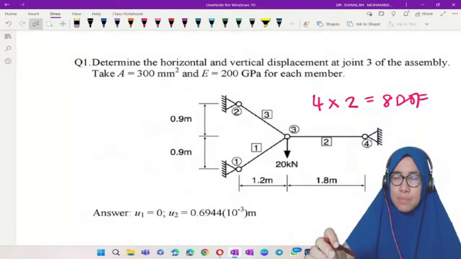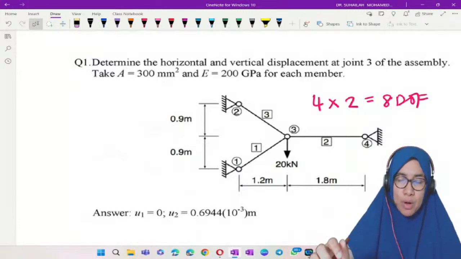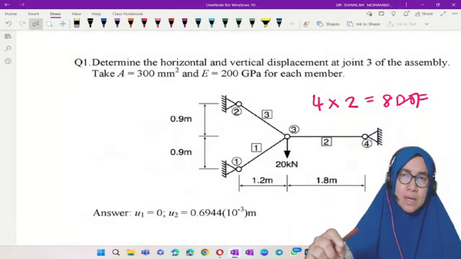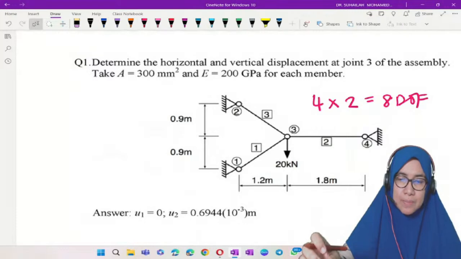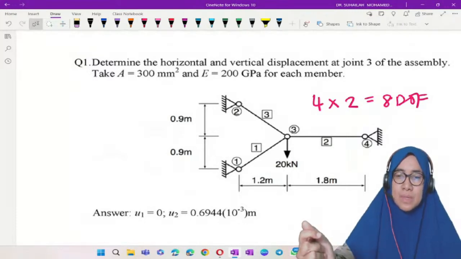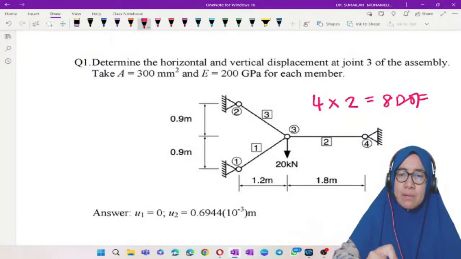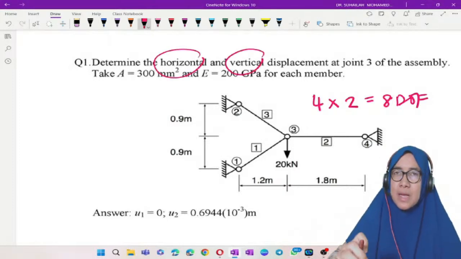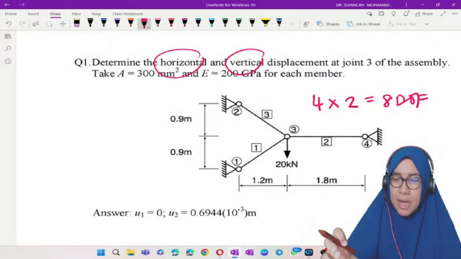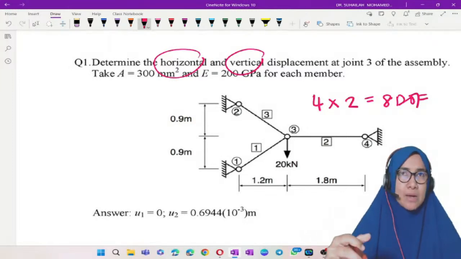Unconstrained means no support, because constraint refers to support. So there are unknown displacements in the unconstrained system. So we have to determine the horizontal and vertical displacement at node number 3 because it is unconstrained.